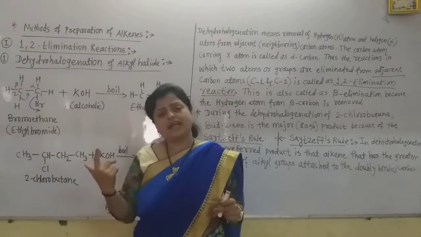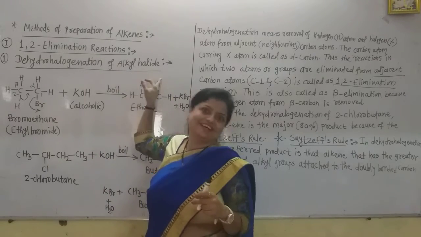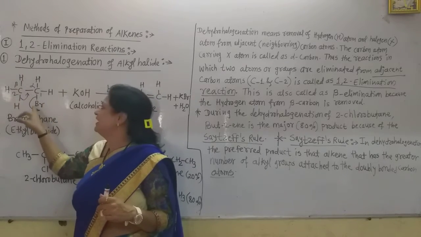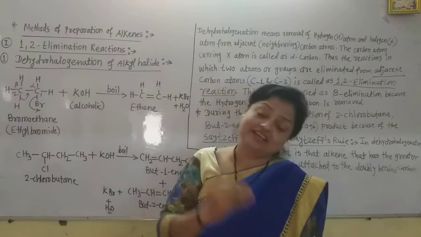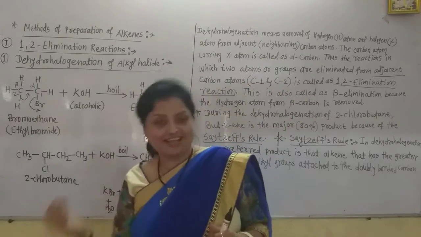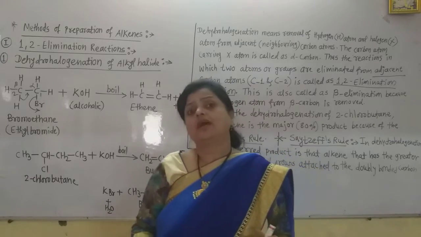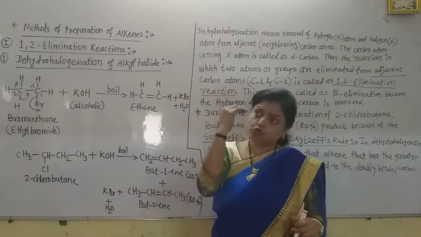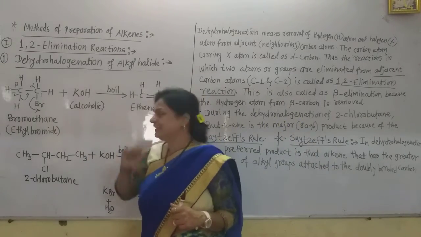Of which compound? Of the alkyl halide, because generally this is the alkyl group, and to that the halogen is attached. As it is ethyl bromide, it is called an alkyl halide. Alkyl halide is one of the groups of organic compounds, RX. This is the general formula of alkyl halide, and there are so many alkyl halides. Ethyl bromide is also an alkyl halide.